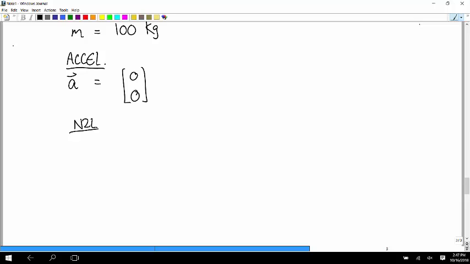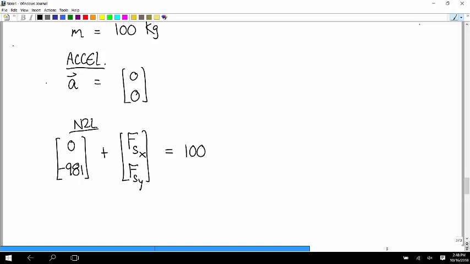So Newton's second law says 0, negative 981, that's the weight force, plus the unknown force applied by the scale, that's FSX, FSY, is equal to the mass of 100 times the acceleration of 0.